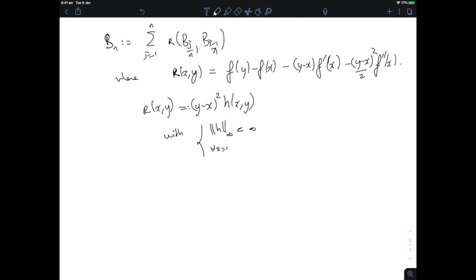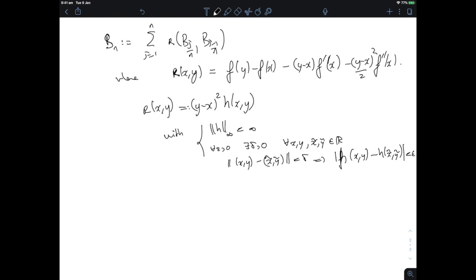That is to say that for every epsilon there exists a delta such that for all x, y, x tilde, y tilde in R, if the vector (x,y) in R² is close enough to (x tilde, y tilde) in the norm of R², then |h(x,y) − h(x tilde, y tilde)| has to be smaller than epsilon.